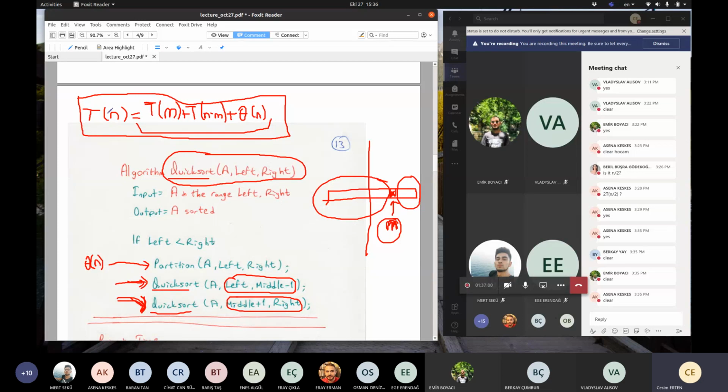This means that we need to do separate analyses for the running time. We need to do first a best case analysis, where we try to write down T of n assuming the best scenario possible for the value of m, so that T of n is as small as possible.